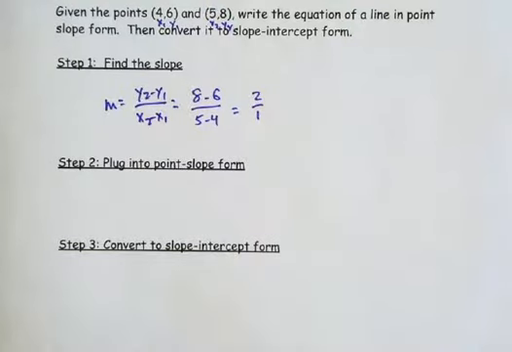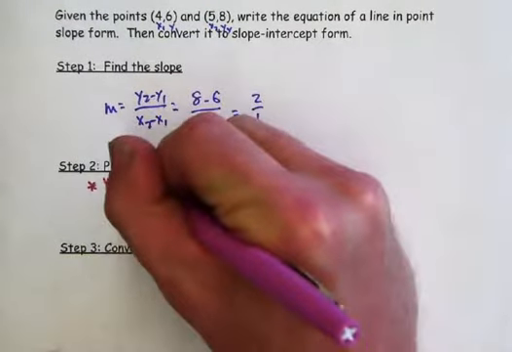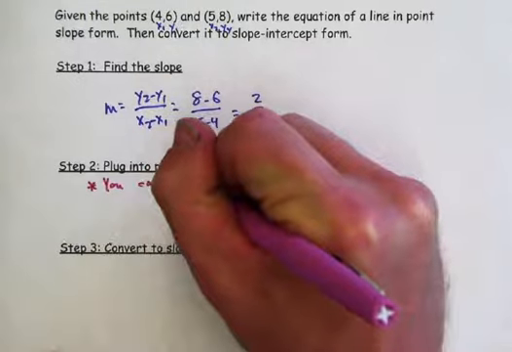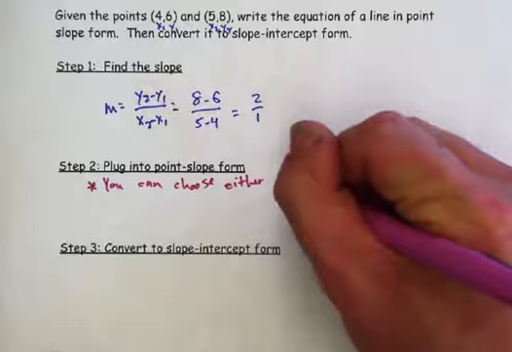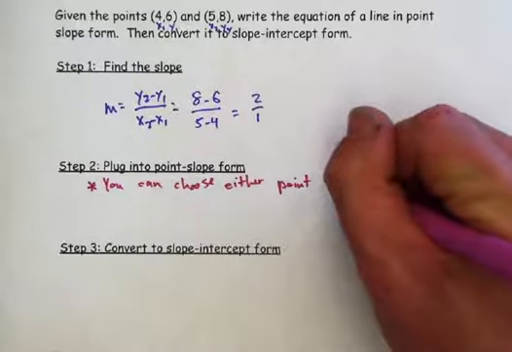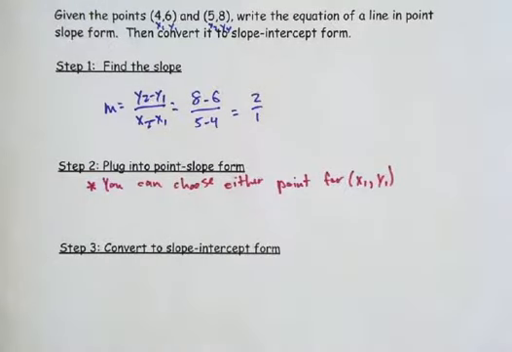So then we're going to plug this in to our point-slope formula, but I want to make a note that you can choose either of the 2 points you're given for x1, y1. Any point on the line will work. So you can choose either of those points.